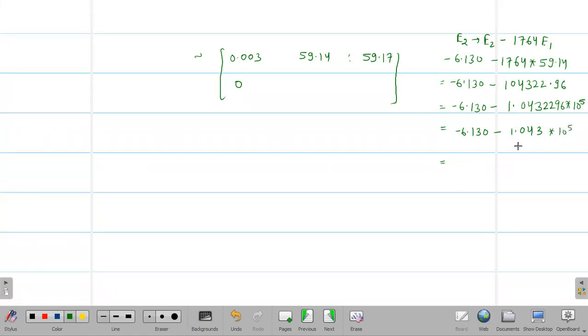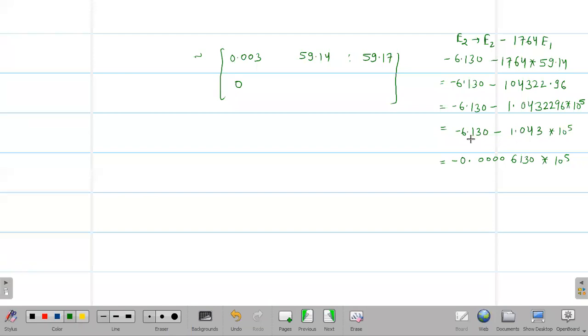So now how to subtract these two numbers? Obviously you have to make this number as a multiple of 10 raised to power 5. So this will be negative 0.00006130 into 10 raised to power 5, so that we can subtract this number from this number.